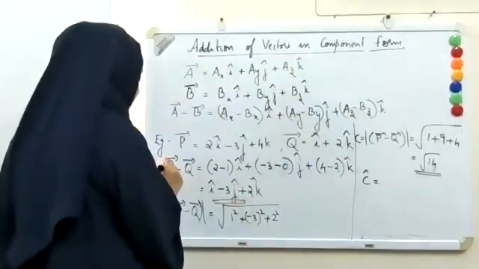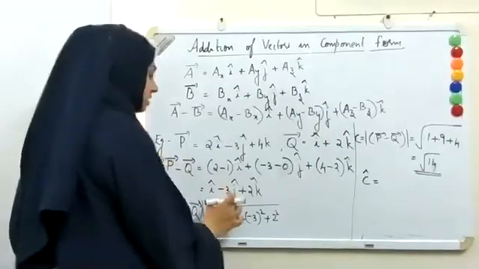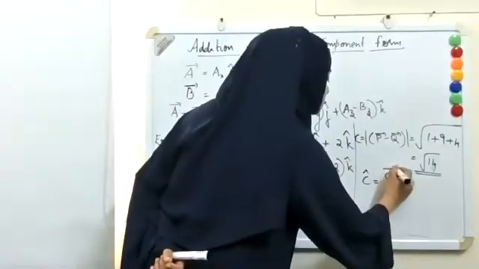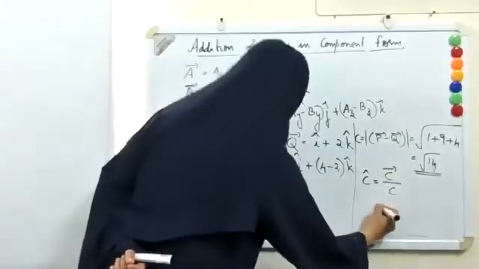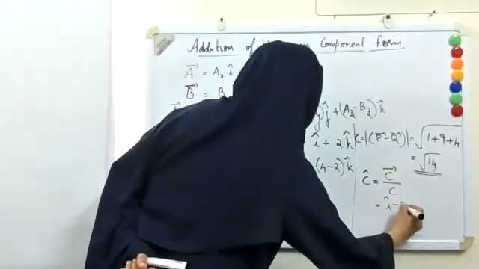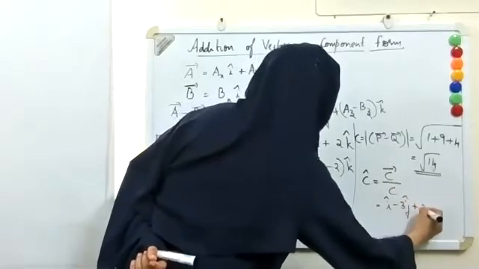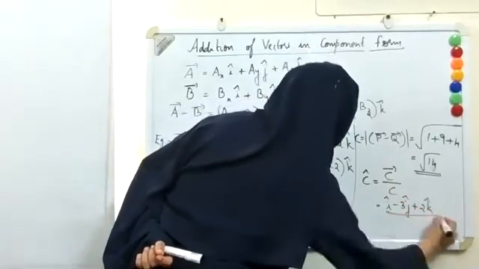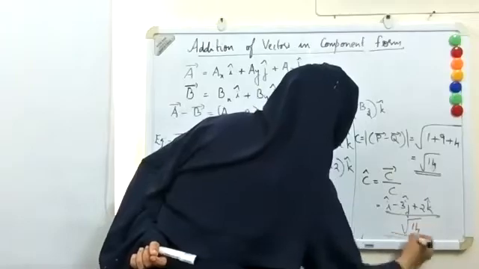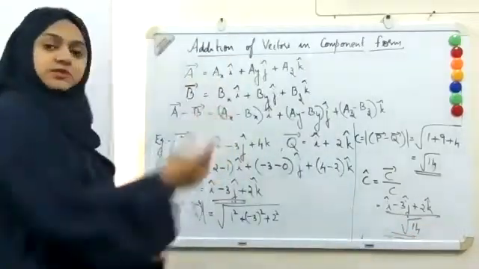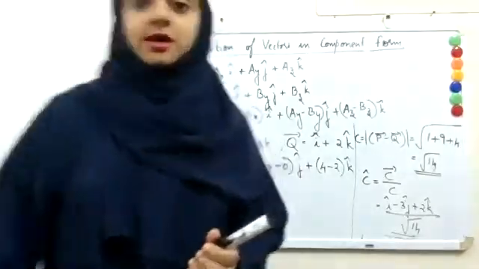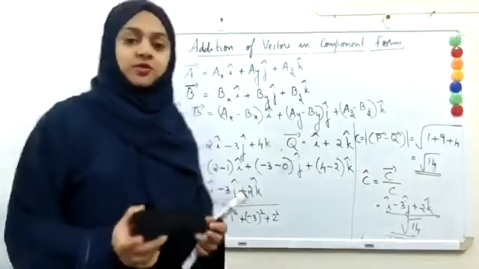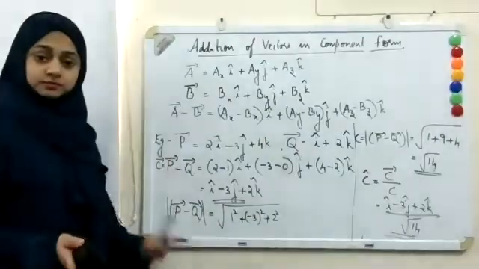So if I take P minus Q as vector C, I can write it as vector C divided by the magnitude. So C cap is equal to i minus 3j plus 2k divided by root over 14. Is it clear how easily we can add and subtract vectors if they are given in the component form? Is it clear to you?